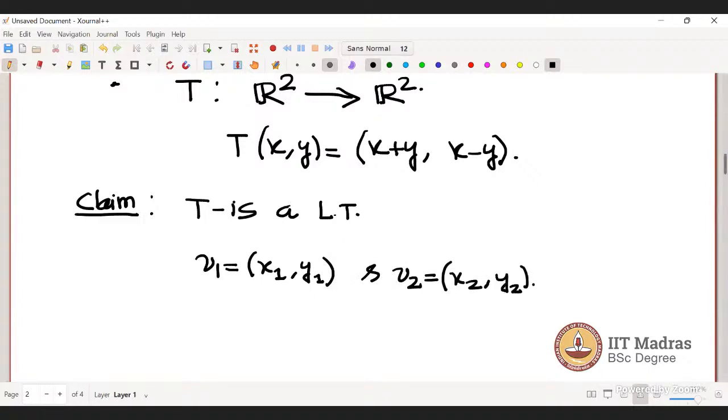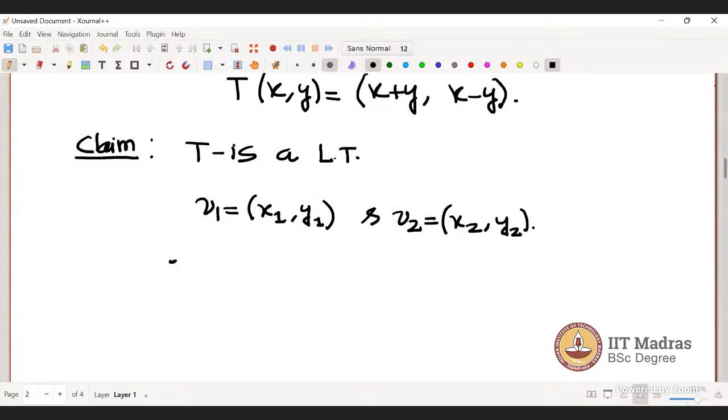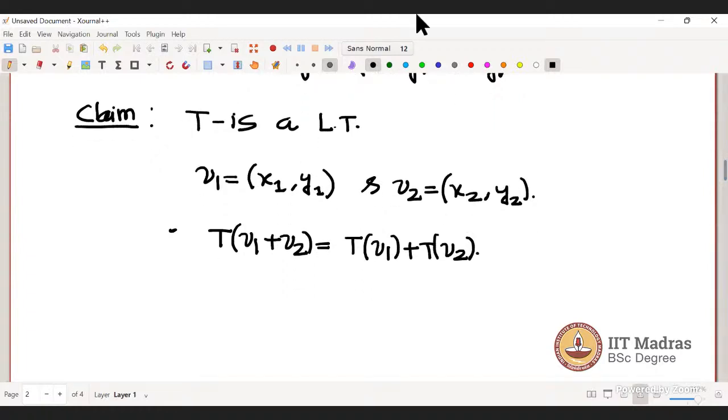The first thing I want to show is that T of V1 plus V2 is nothing but T of V1 plus T of V2. This is what I want to show to prove that T is a linear transformation.